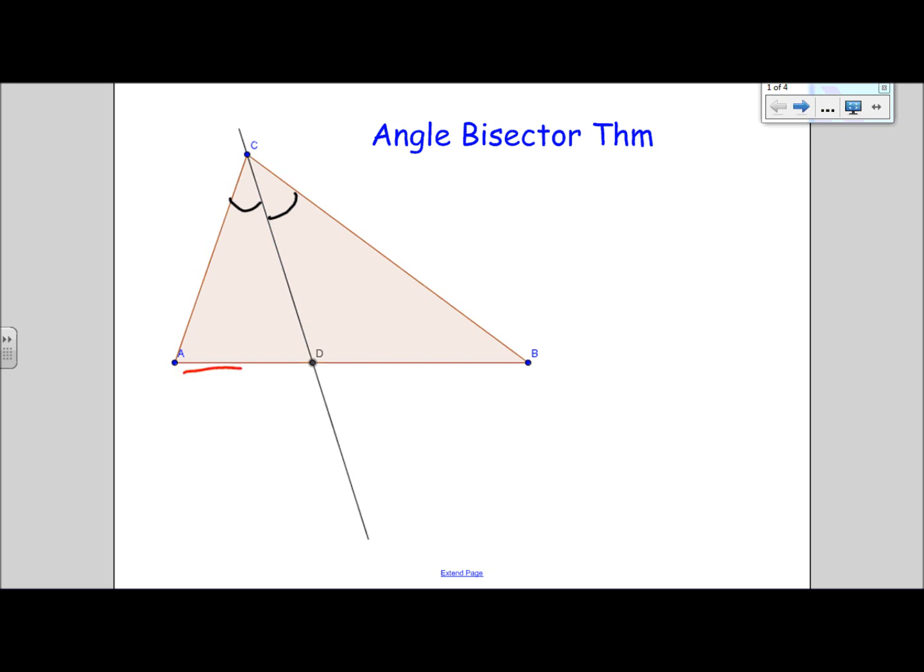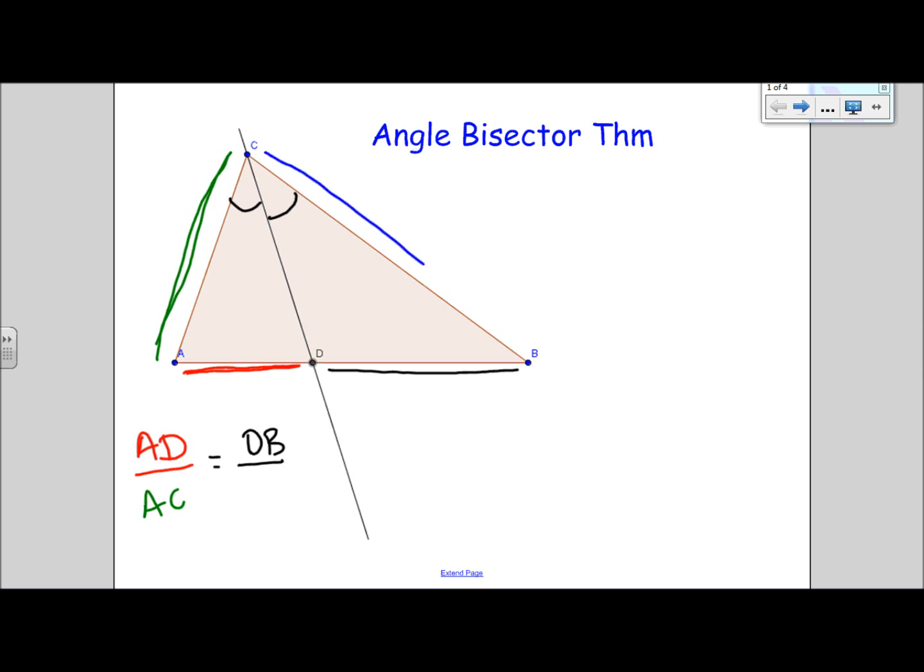So the relationship for the angle bisector theorem is AD is to AC as DB is to BC, or CB, whatever you want to call it.